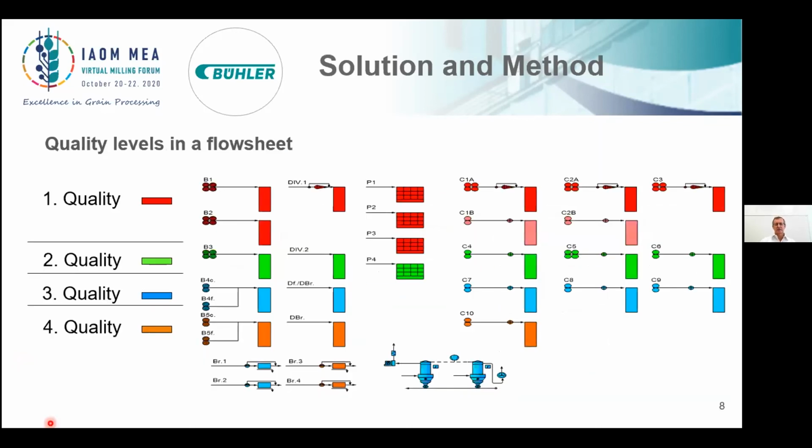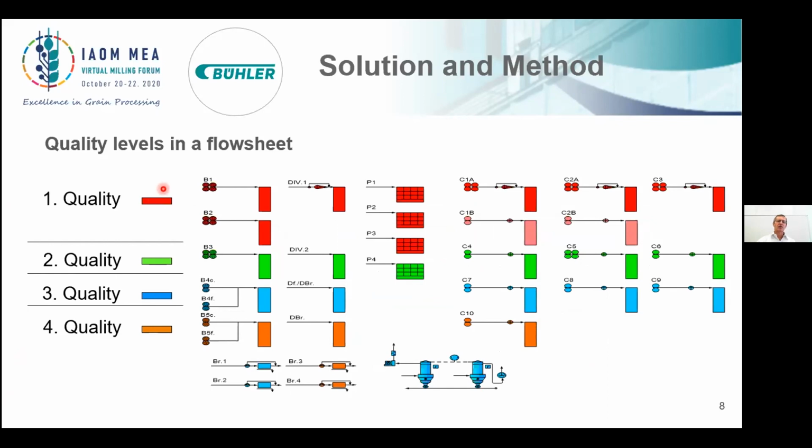Now, this is the first, but what is the landscape of a mill flow sheet? We start from top down and from left to right. When we talk top down, we divide it into quality. We just learned inside the endosperm is the low ash endosperm, low ash flour.